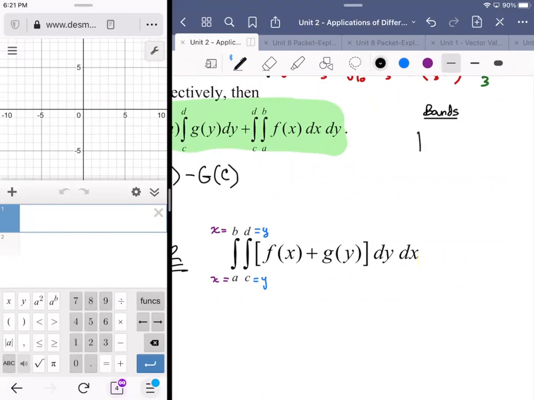If I create a graph, and I'll just do it in the first quadrant of the XY plane, because I want to keep things as simple as possible.